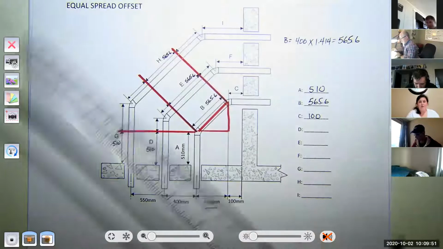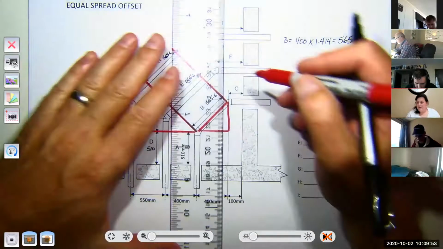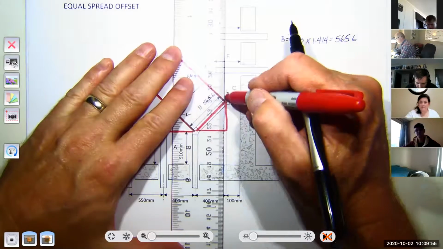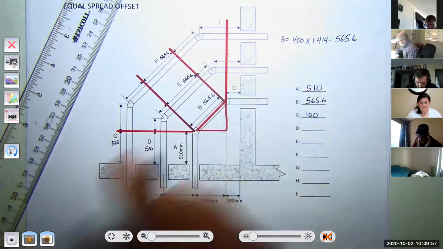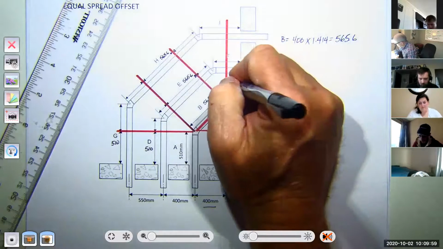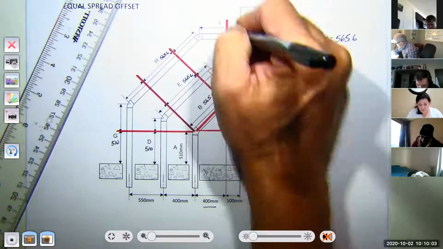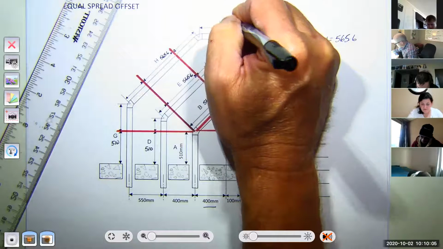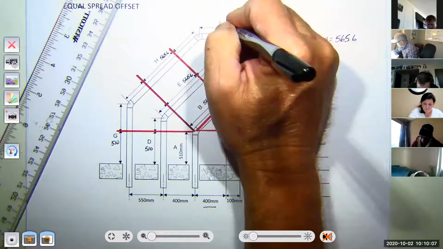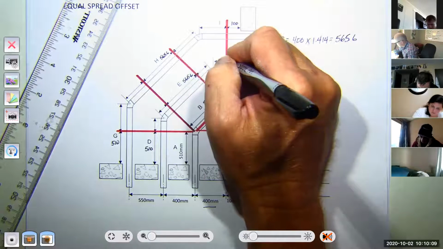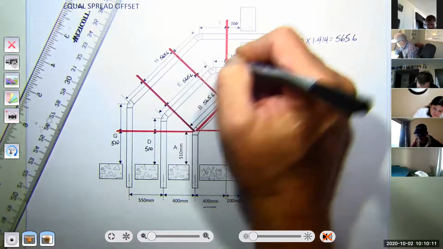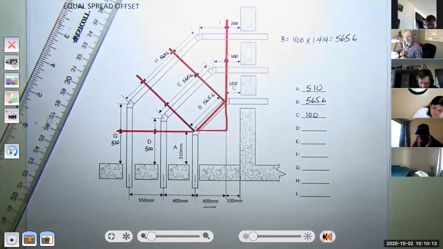And I'm going to extend C's measurement straight up. And I know this is 100. This is 100. This is 100. So far, so good?